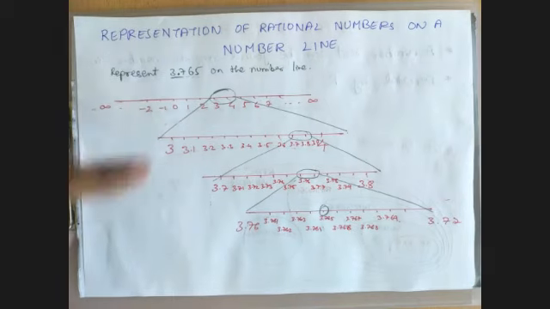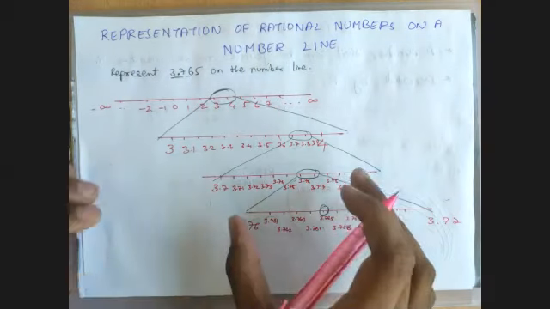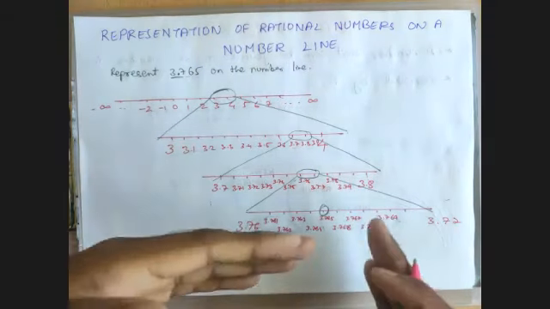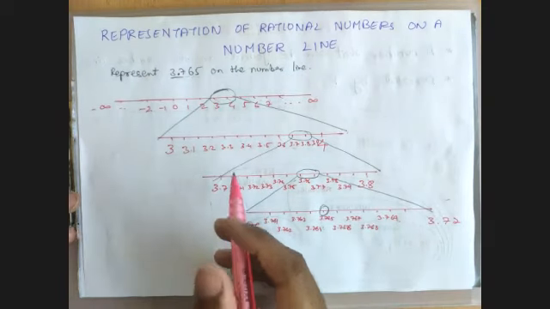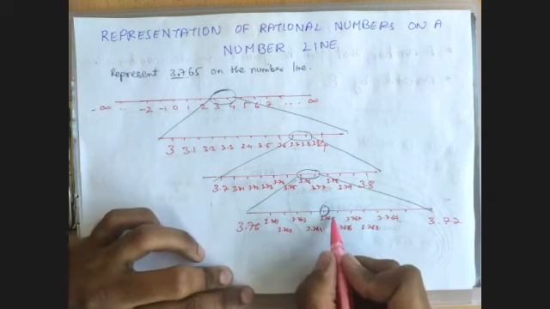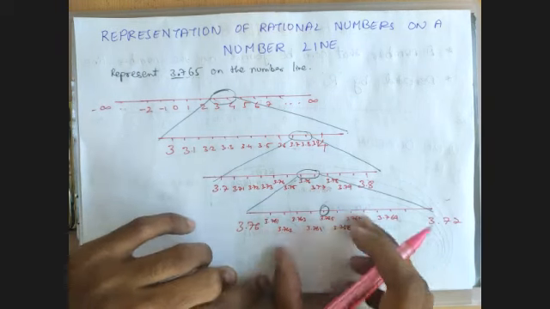So by looking at this example, we can see that as the decimal places increase, we need to keep on zooming. And as we keep on zooming, we get more and more numbers. If I look in between 3.765 and 3.767, I have again 10 numbers.